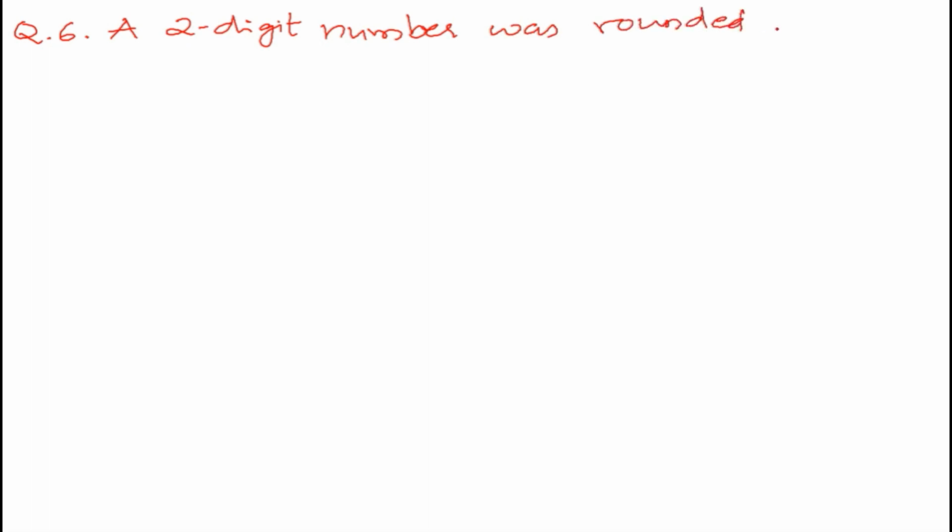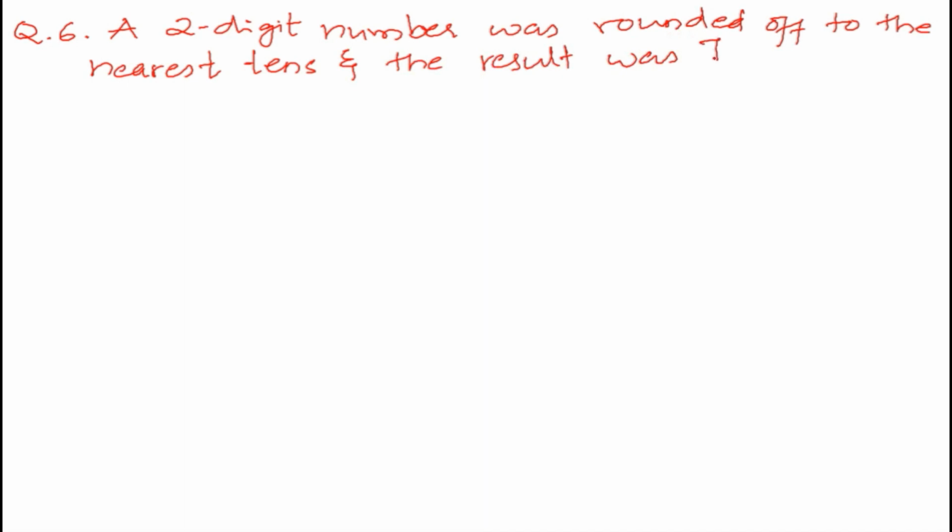Let us take the next question. Question 6. A 2-digit number was rounded off to the nearest tens and the result was 70.